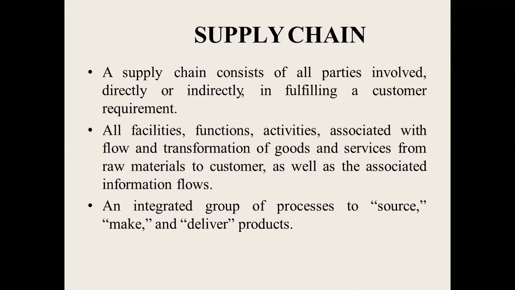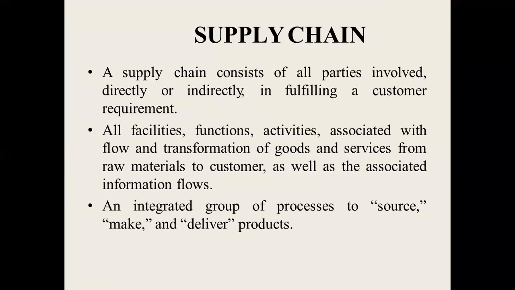Then they will reach your showroom, and from that showroom we sell them to our end customers. So starting from procurement of raw materials and ending with the distribution channel to the customers is known as supply chain management. Rather, we can say it's the total chain of supply.